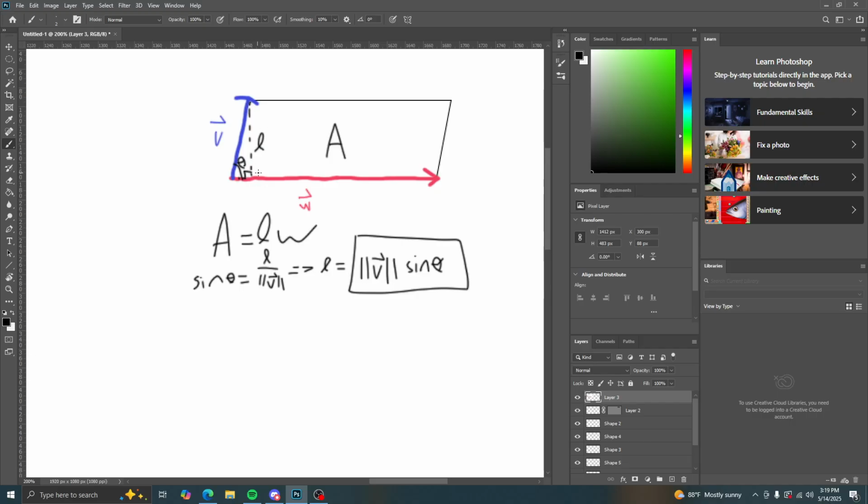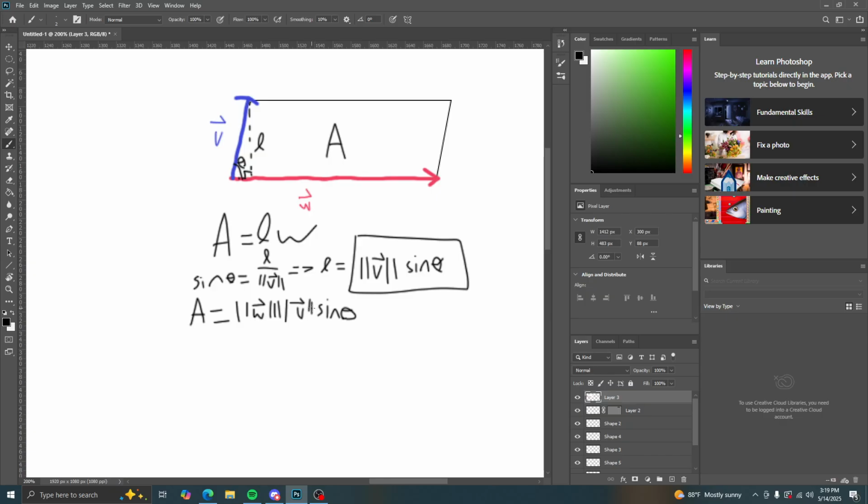Because L is perpendicular to vector w, it would just be represented by the magnitude of vector w. So the area is equal to the width, which is the magnitude of vector w, multiplied by the length, which is the magnitude of vector v, times sine of theta.